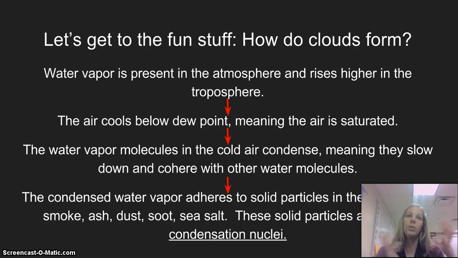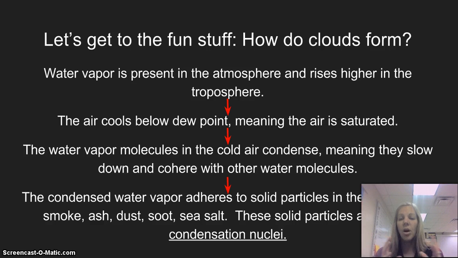Now remember a few weeks back when we talked about the atmosphere, we talked about what are the things in the atmosphere. There's gases, there's liquids, and then there's also solids. Those solids are things like smoke and ash and dust and soot, dirt, and there's sea salt.